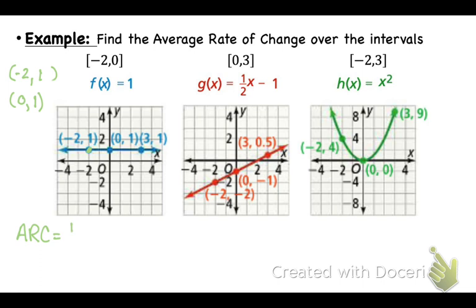Okay? 1 minus 1 over -2 minus 0. Well, I'm pretty sure that's 0 over -2, which is 0. Okay, so right now, every single horizontal line, I'm just going to tell you right now, the slope is what? 0. No matter what.